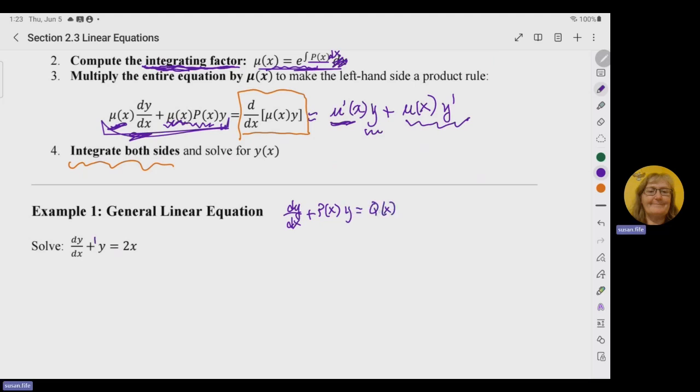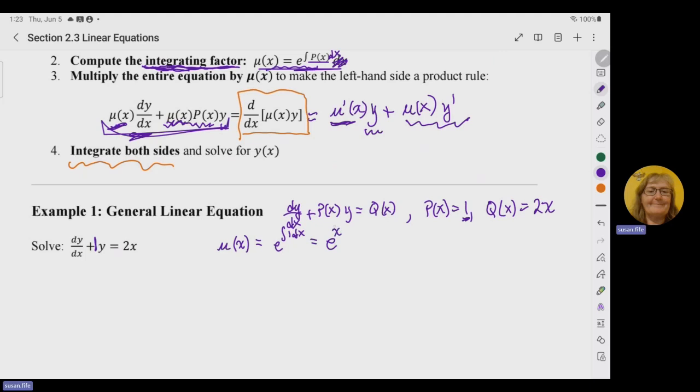In this case, p of x is 1 and q of x is 2x. And so we're going to introduce our integrating factor, which is mu of x equals e to the integral of p of x, that's 1, integrate with respect to x.